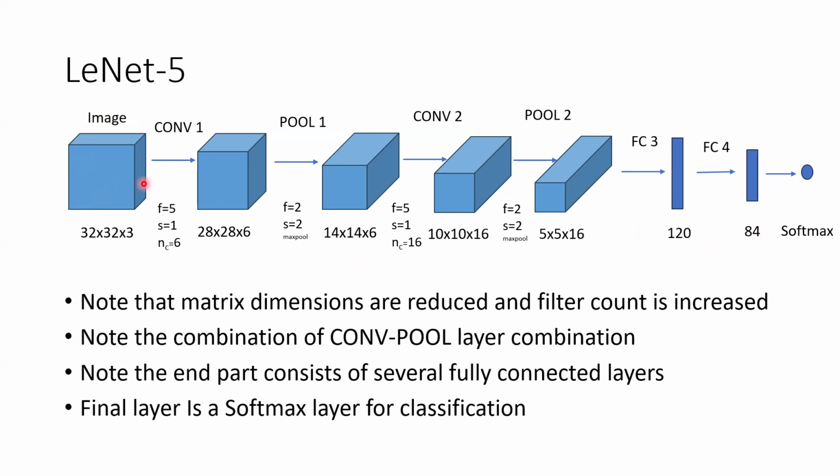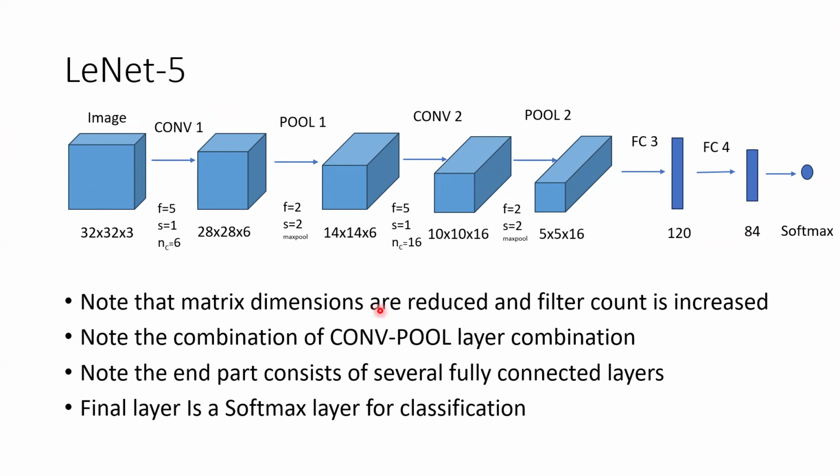Let's start with the image. We use convolution and pooling one by one, several times, reducing the size, increasing the depth, and finally we apply some fully connected layers, reduce the size, and come to the final stage or the output layer, which may be a softmax layer or some similar layer, right?